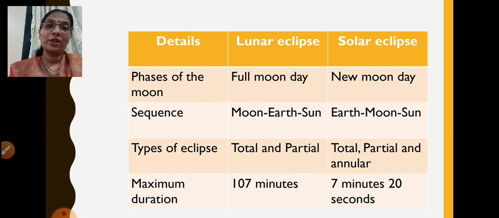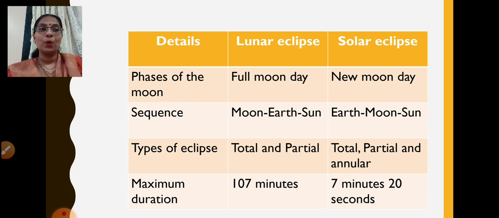Yes, this is what we learnt about the phases of the moon, the position of the moon, as well as the types of solar eclipse. Three main types of solar eclipse: the total solar eclipse, the partial solar eclipse and the annular solar eclipse. And two types of lunar eclipse, total and partial.